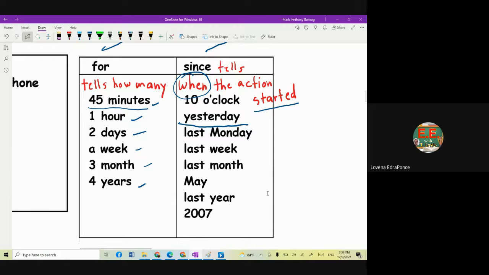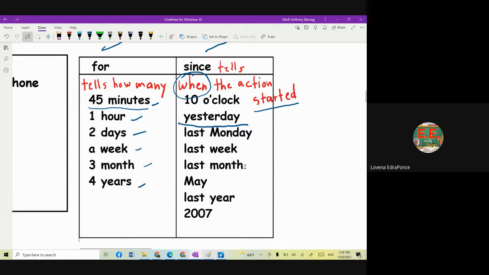Since last year, or since 2007, or since 2020. So it tells us when the action started. By determining the starting point of the action, we would be able to know the length of time.